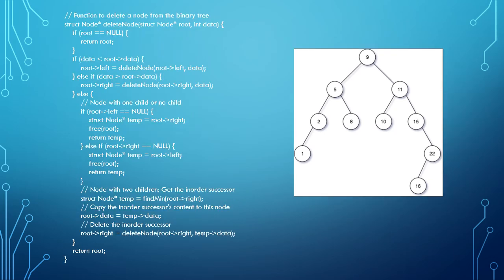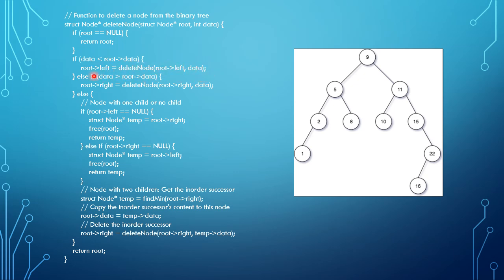So let us come to the deletion function. Let us create a function delete node, and we are going to send the root node and the data, the element which is going to be deleted. First it checks whether any node is present in the binary search tree or not. If root equal to null, that is, no node is there in the binary search tree, it returns root. If any root node is present, it checks if data is less than root of data, delete node of root of left, data.